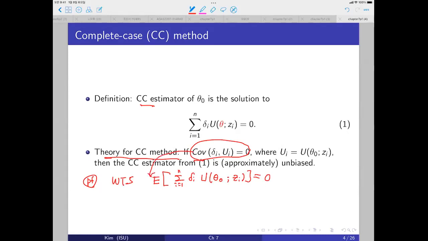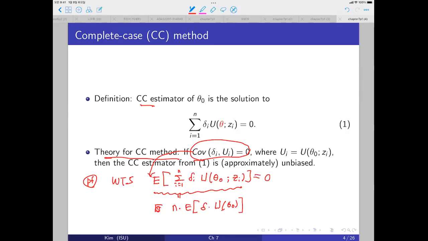Now, what is this? We are talking about the IID situation. So this is actually n times the expectation of the product of two random variables, delta times U. Since this is IID, we can move n outside.